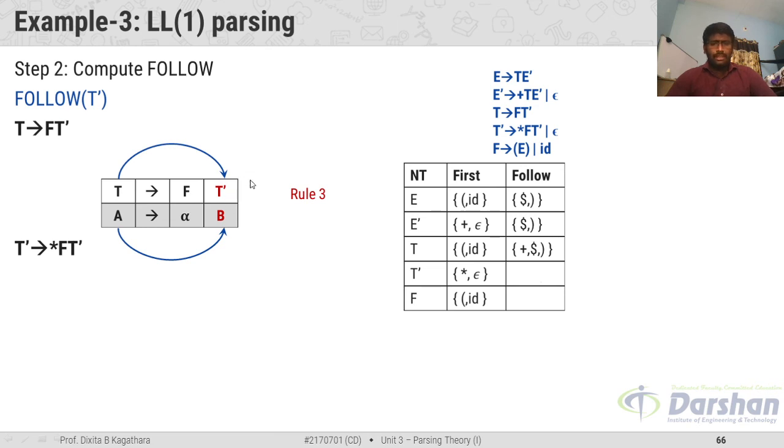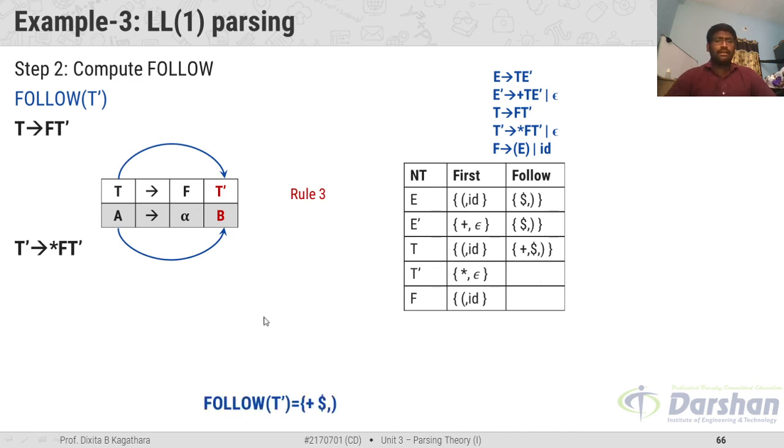If it is not followed by any other symbol, we will observe whether this is a non-terminal or terminal. Since it is a non-terminal, we will go for the first symbol of this one. What is the first symbol? Star, and one more symbol is also there, epsilon.